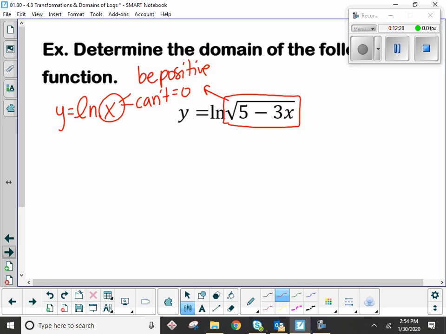So our job is to find all the x's that will keep this not 0 and will keep it positive. We're going to do the can't equal 0 step first by finding excluded values. So we're going to take care of excluded values first.